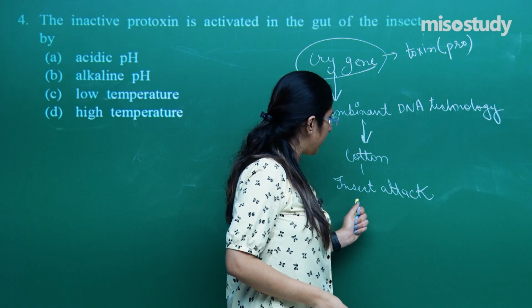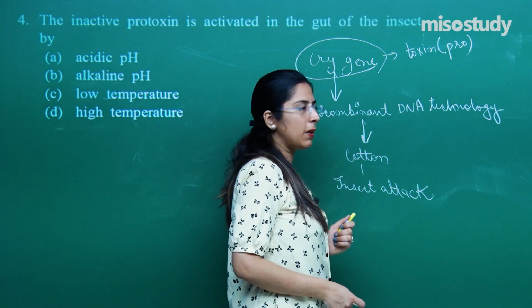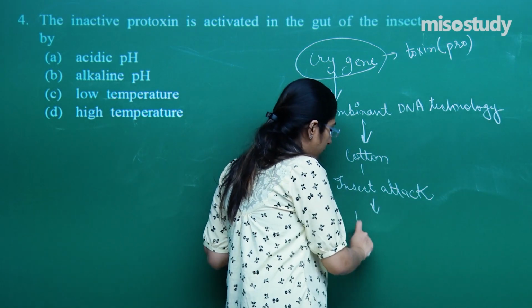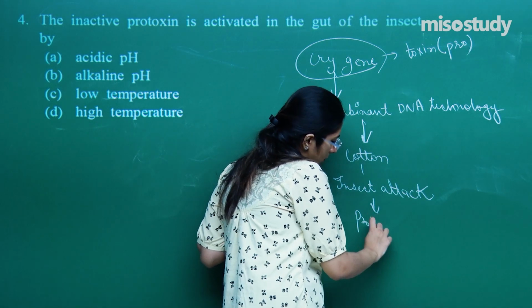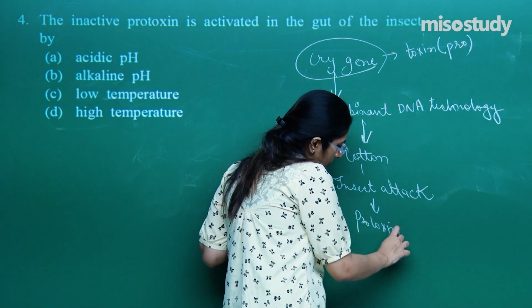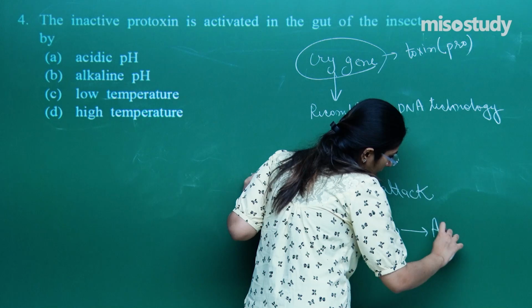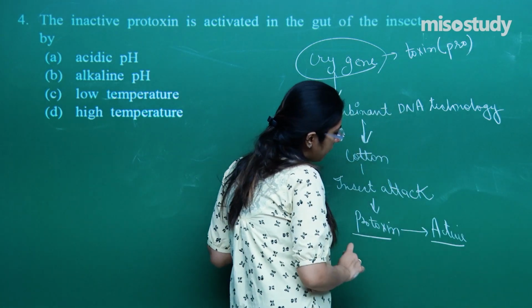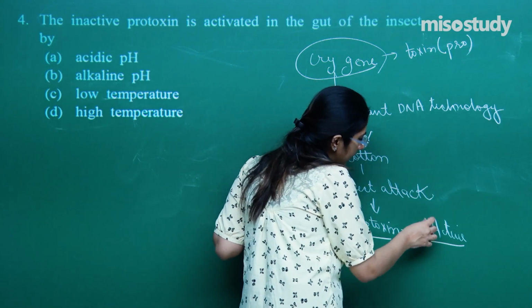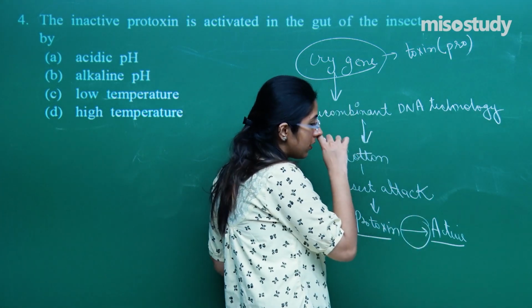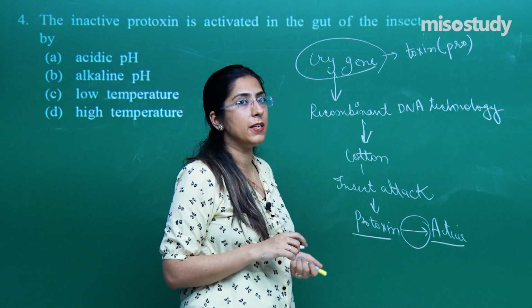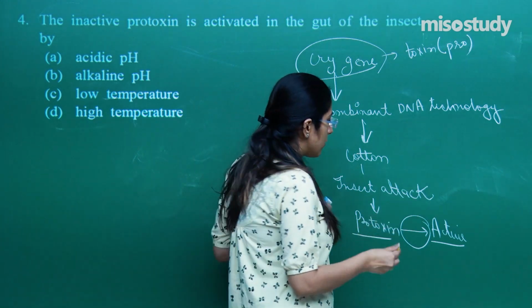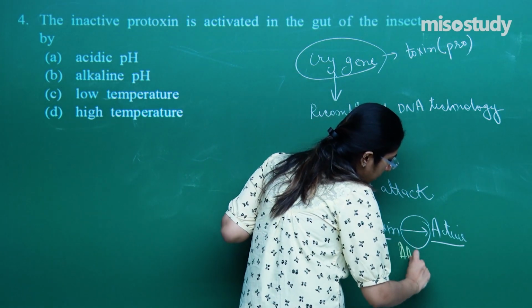When the insect tries to feed on the cotton plant, this protoxin is converted into active toxin. For their conversion they require one factor, and that factor is an alkaline pH which is present in their gut. So what we need is an alkaline pH.